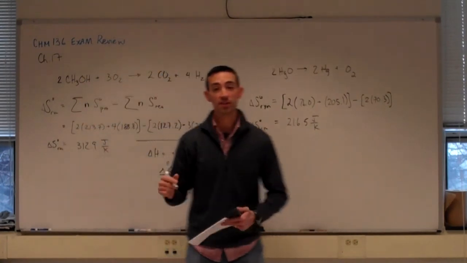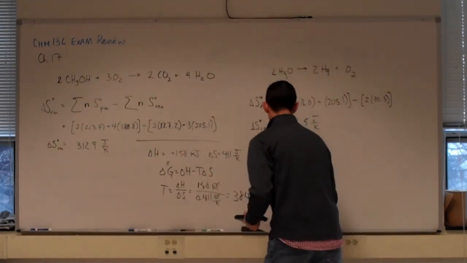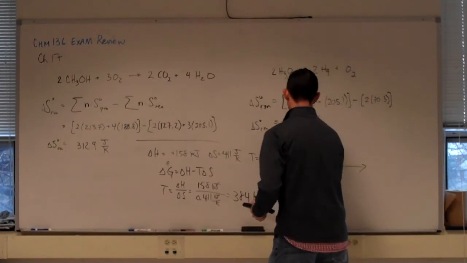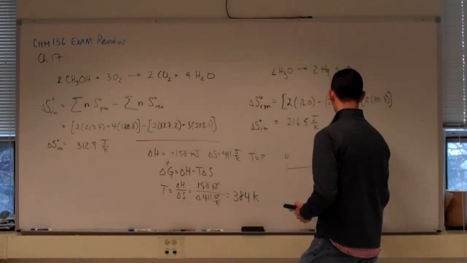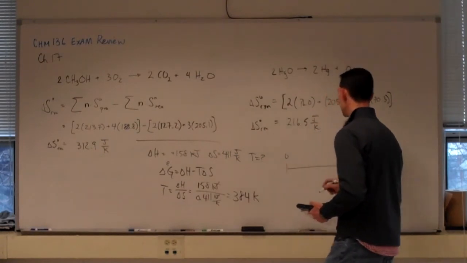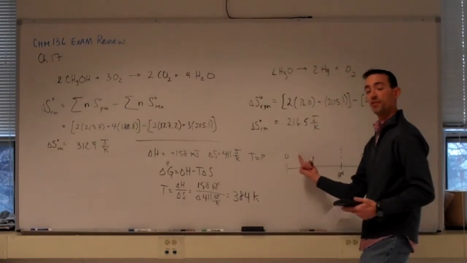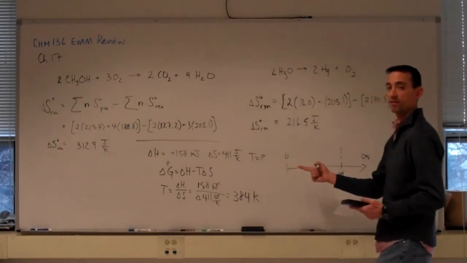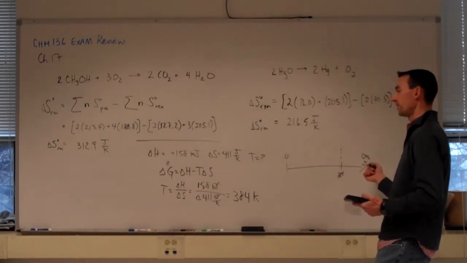Now, for what range is this reaction spontaneous? Now we want to think about all the possible values of temperature from 0 to infinity. 384 has just become the dividing line. On one side of 384, this reaction will behave one way. On the other side, it will behave a different way.